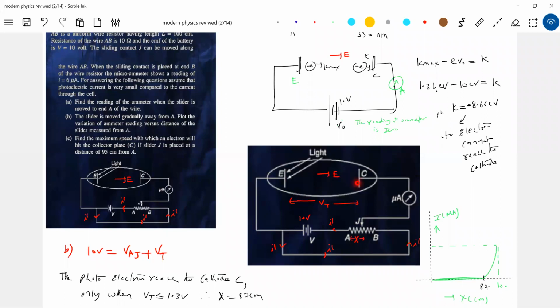The rate at which they are striking, one thing we are very sure of: the number of electrons striking the cathode is not fixed. Its number will keep on increasing. Therefore I should go for a curve, not a straight line. That much I'm very particular.